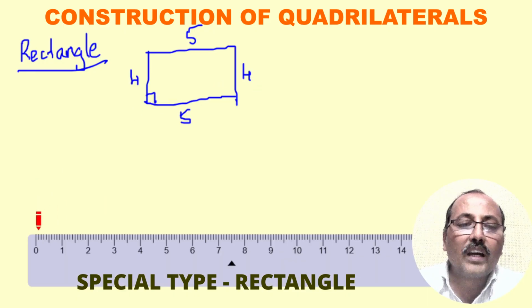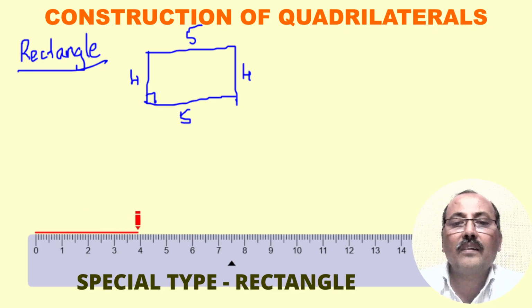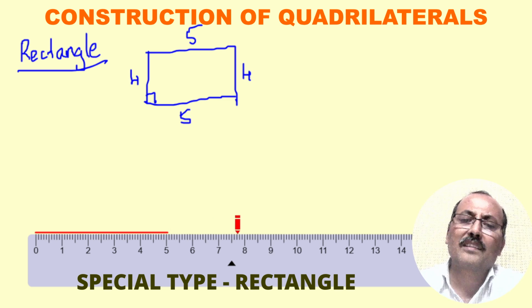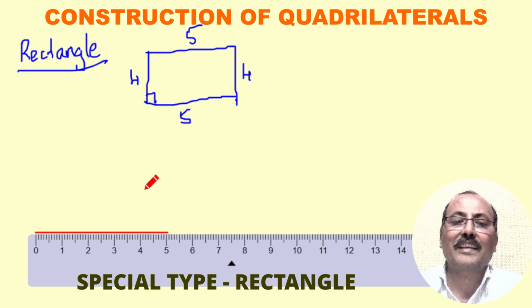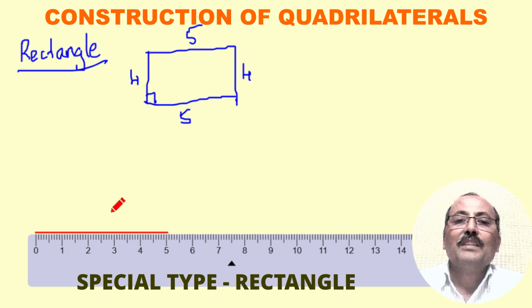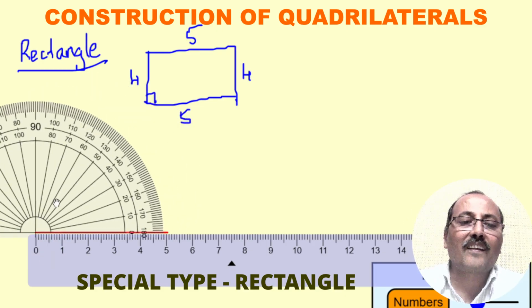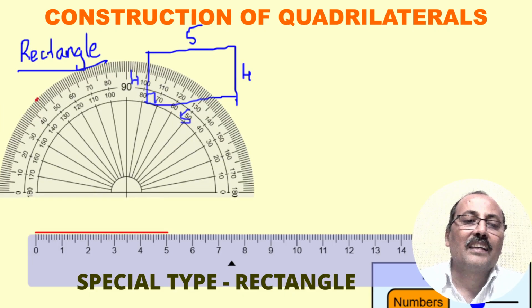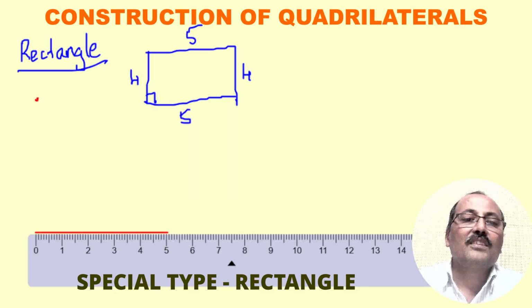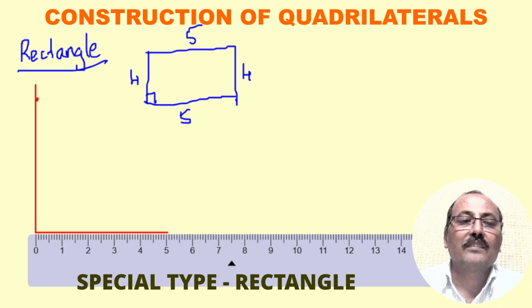Take the ruler and draw a length of 5 centimeter, or even 6, 7, 8 centimeter, whatever they are asking, you draw it. Now with the help of the protractor, draw an angle of 90 degree here. Okay, remove that and take the ruler and join this one.